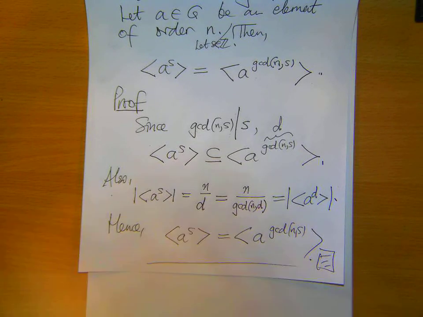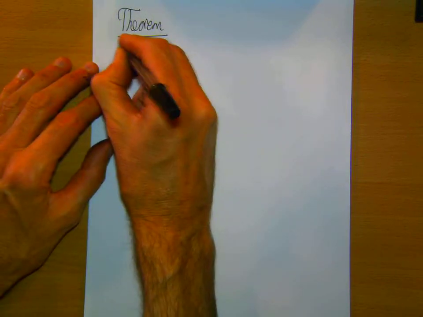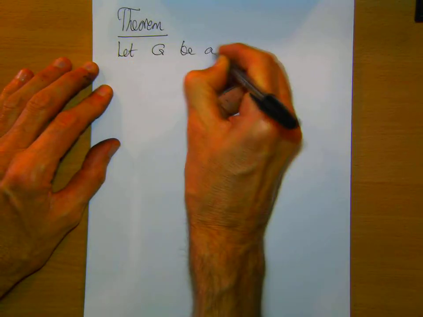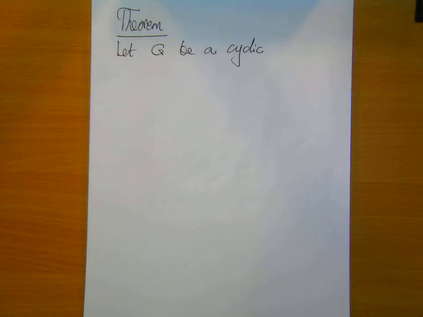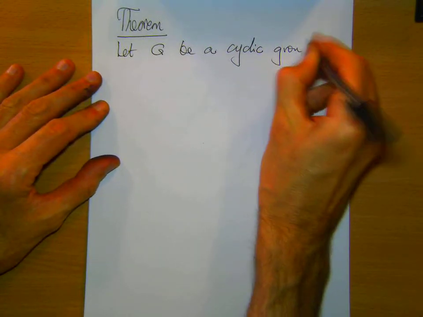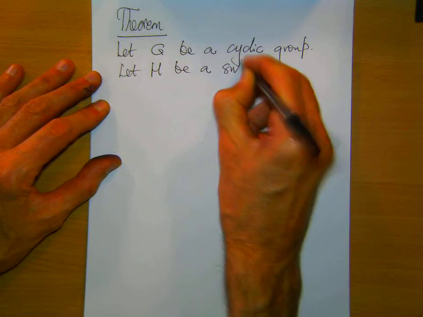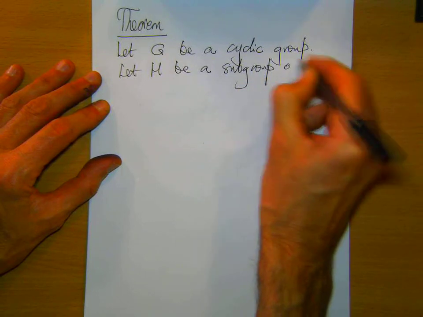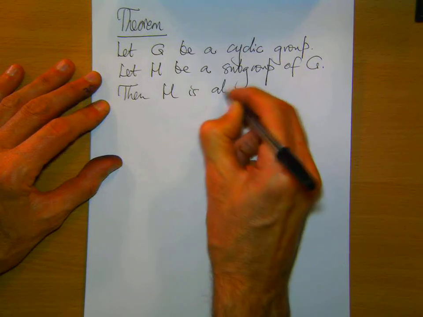Now we come to, I'll perhaps call this a theorem. Now I'm going to restrict my attention to cyclic groups. So the whole group G is cyclic. It's generated by a single element. And let's take a subgroup H of G. Then H is also cyclic.